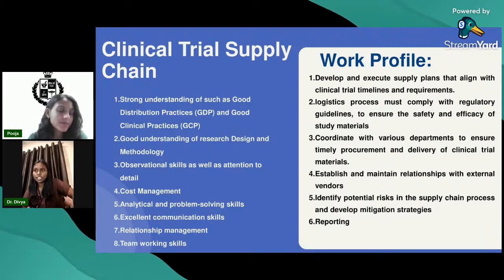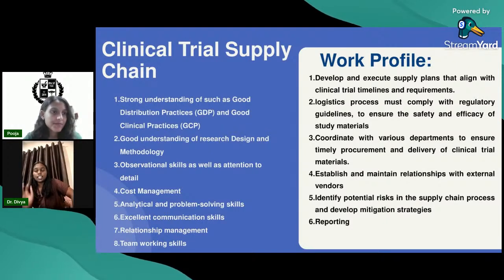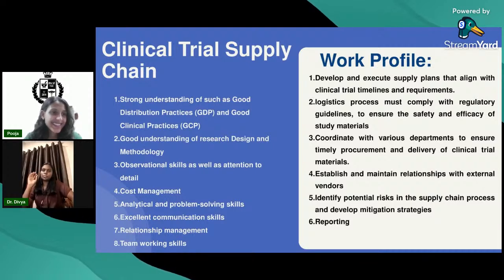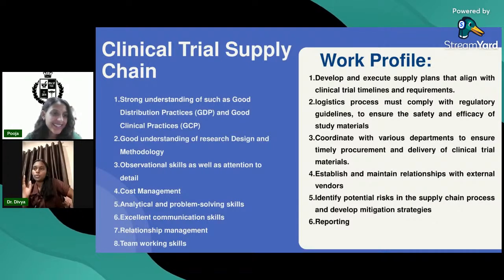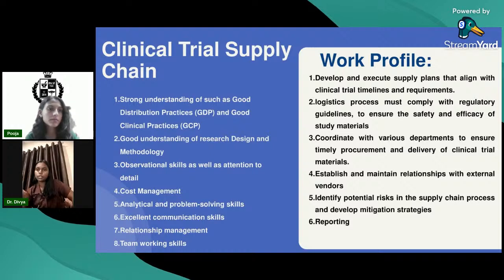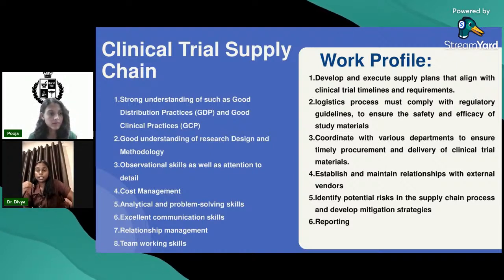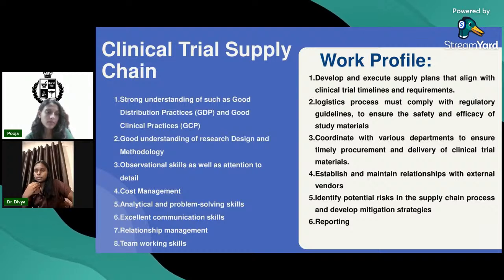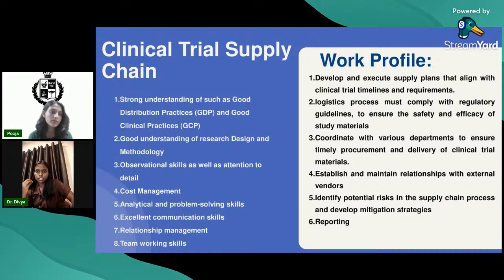So, clinical trial supply chain. As I earlier said, conducting a trial is easy, but managing logistics is very difficult. So, if you are someone who's good at market analysis, procurement, managing inventory, supplying any particular material, then this is a field for you, because a clinical trial requires a massive amount of logistics, apparatus or any instruments, everything.